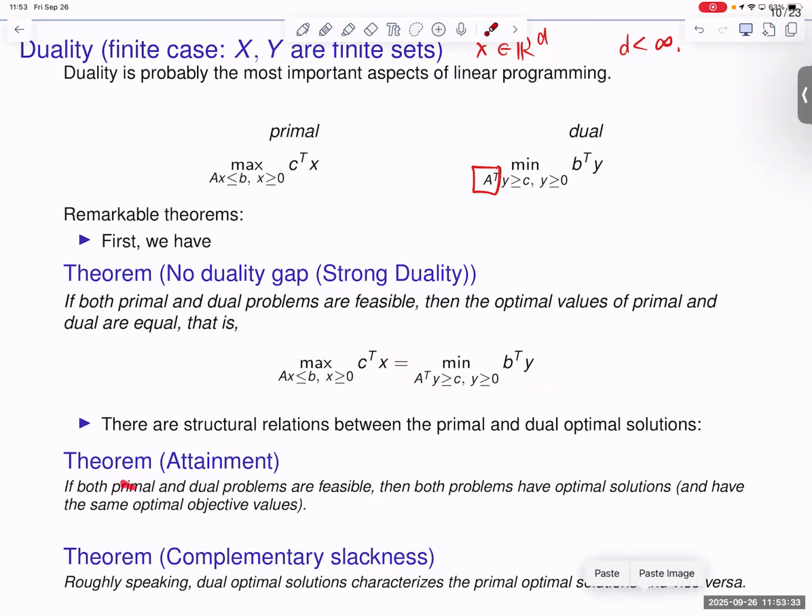And second, oh, by the way, of course, this holds only when these problems are feasible, right? When both problems are feasible, we have equality. Not only that, in fact, you have optimal solutions of both problems.